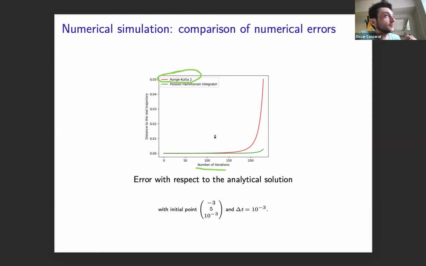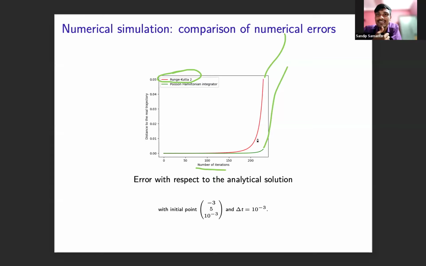So it may happen. I don't know. But I stopped this simulation at the right time. If you keep on going, you see that it will also go up here. The green trajectory, the discrete trajectory of the Poisson integrator, also explodes, of course.